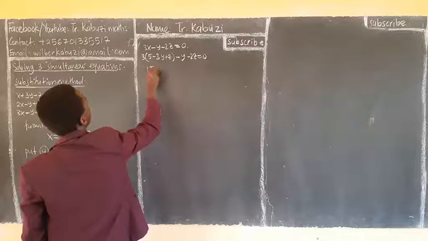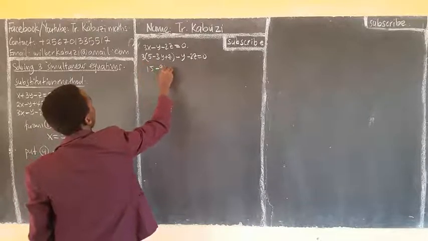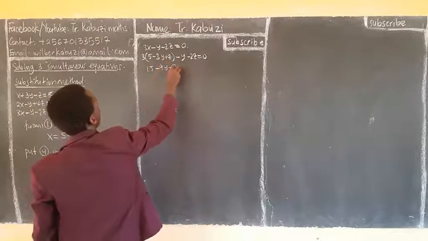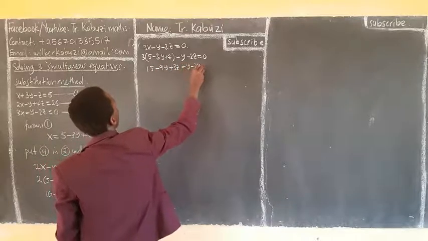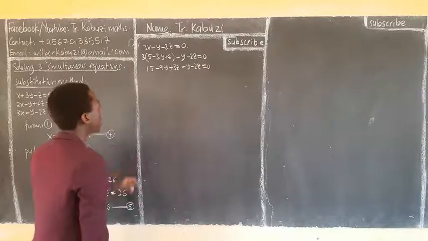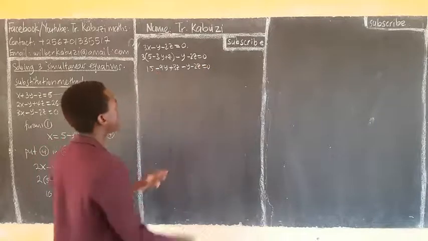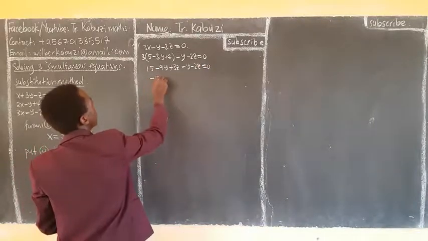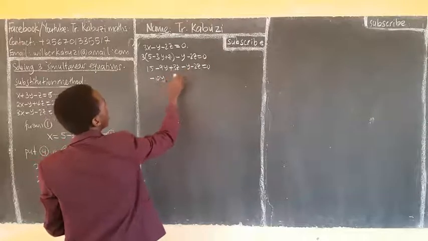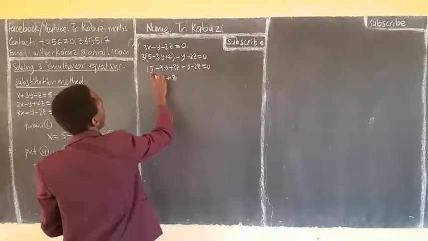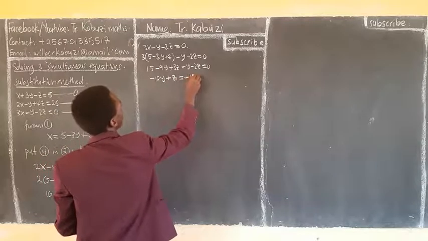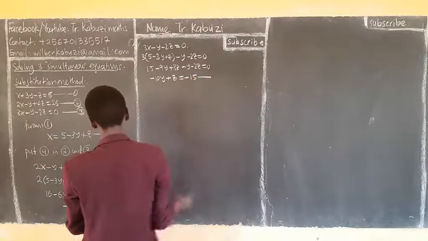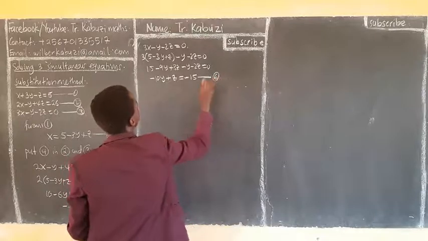This is 15 minus 9y, 3z, now minus 1 equal to 0. So here I have minus 10y, then this, and then this, I have plus z. When I take this beside, it becomes negative 15. And this one is our equation 6.